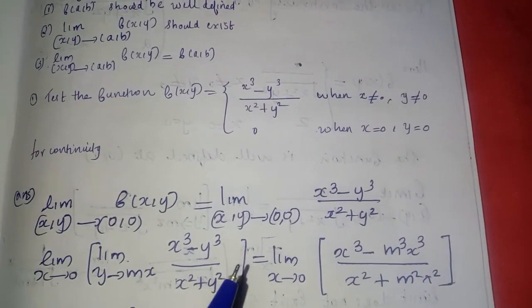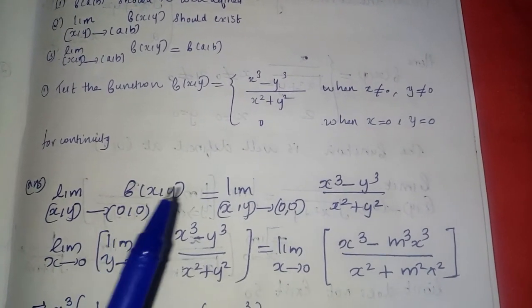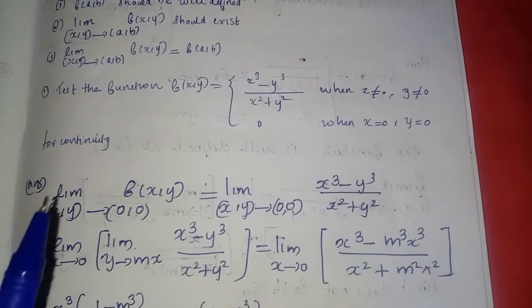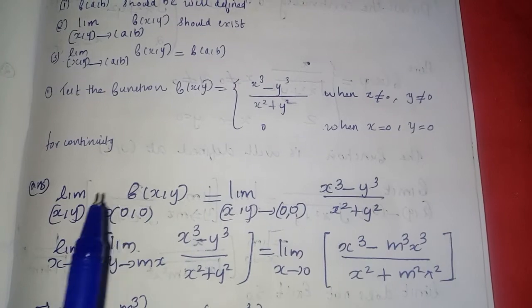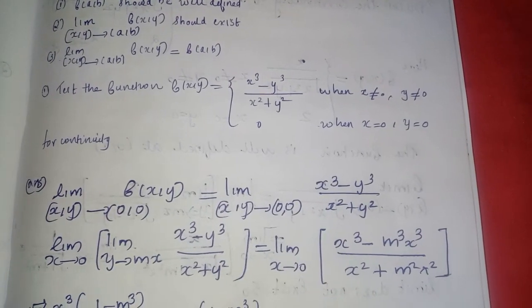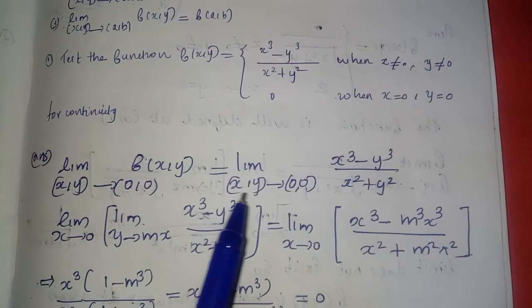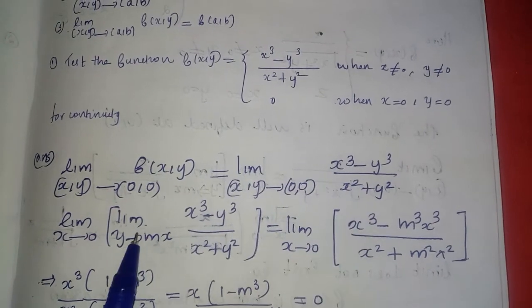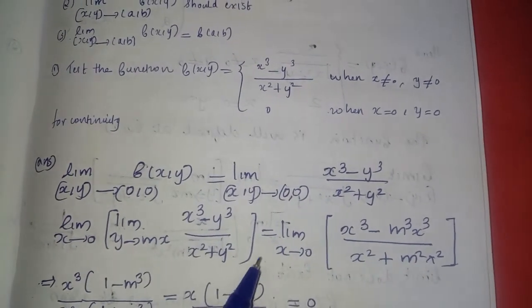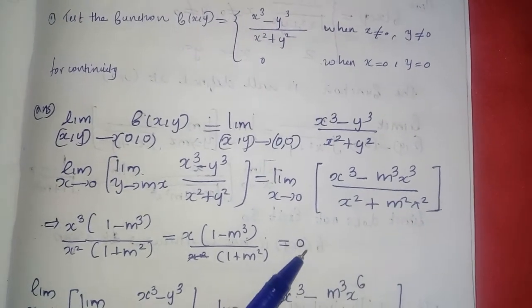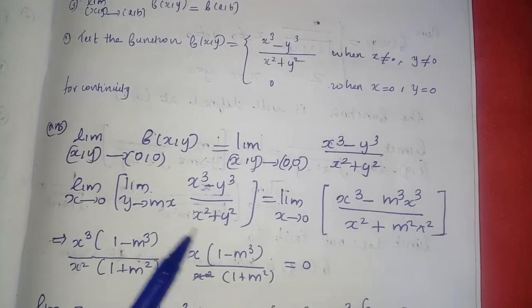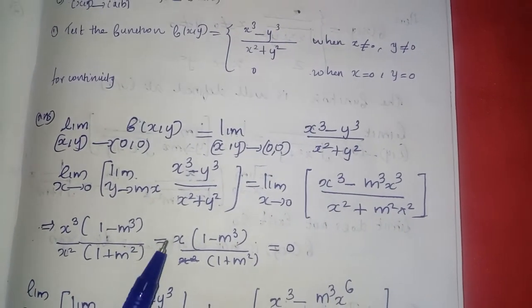Also, we have to check the limit. You know how to find the limit: we put x to 0 and then y to 0, then first y to 0 and then x to 0, and we get the same value. After that we put y equal to mx, check the limit as x tends to 0, and we get 0.